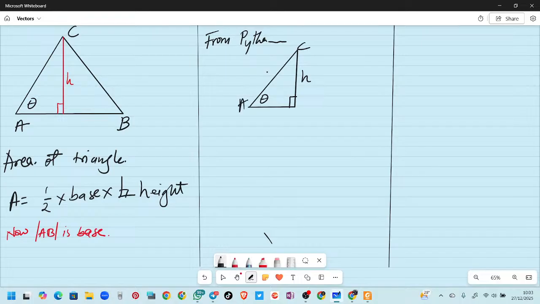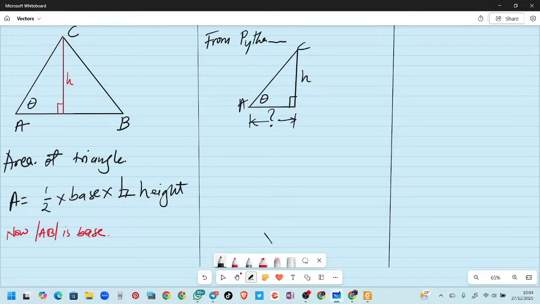Because we don't know the value of this other distance, the only thing we can measure is AC. So let's take AC as Y.